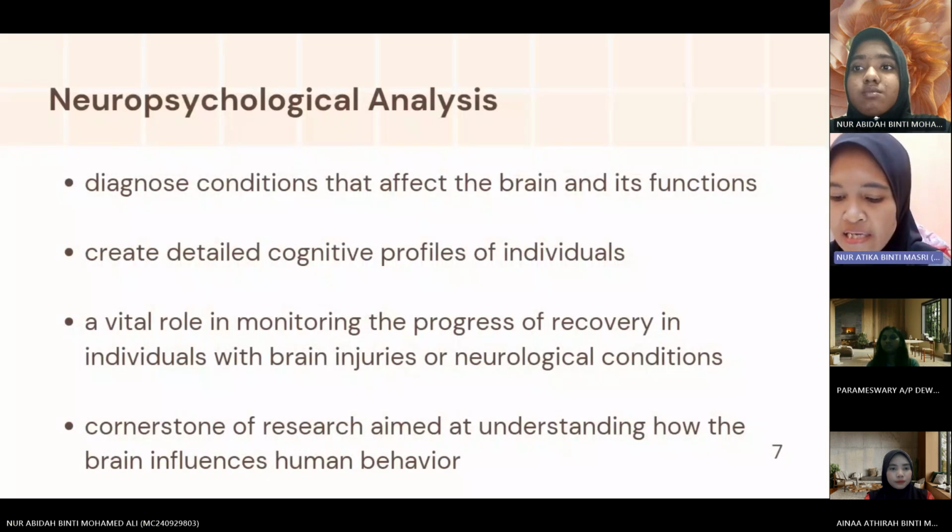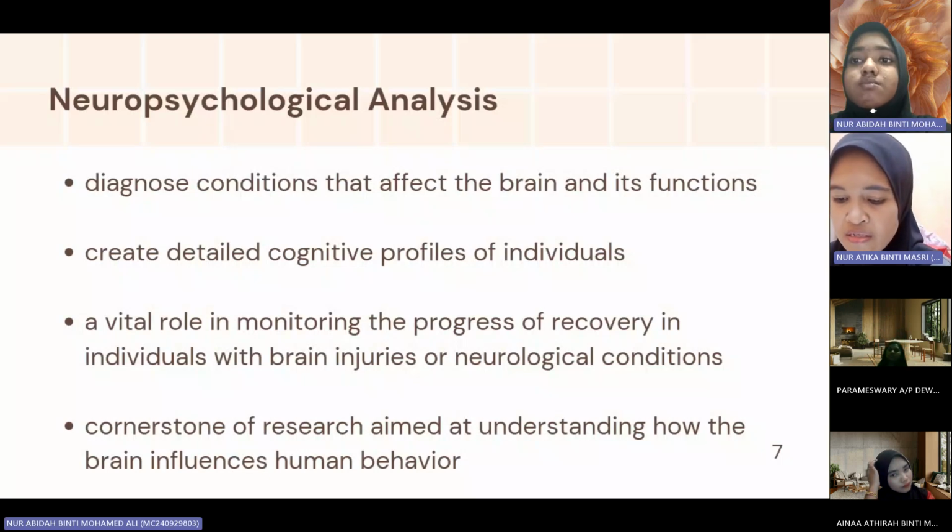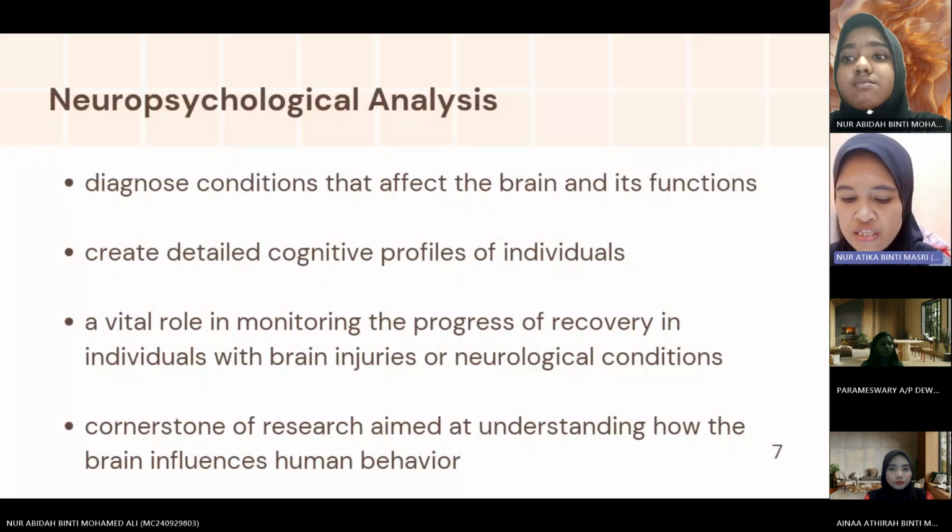Neuropsychological analysis is to diagnose conditions that affect the brain and its functions. Disorders such as traumatic brain injury, stroke, dementia, epilepsy, and neurodevelopmental conditions often result in cognitive and behavior impairment. A neuropsychological assessment provides a detailed picture of the nature and extent of impairment and enable an accurate diagnosis.